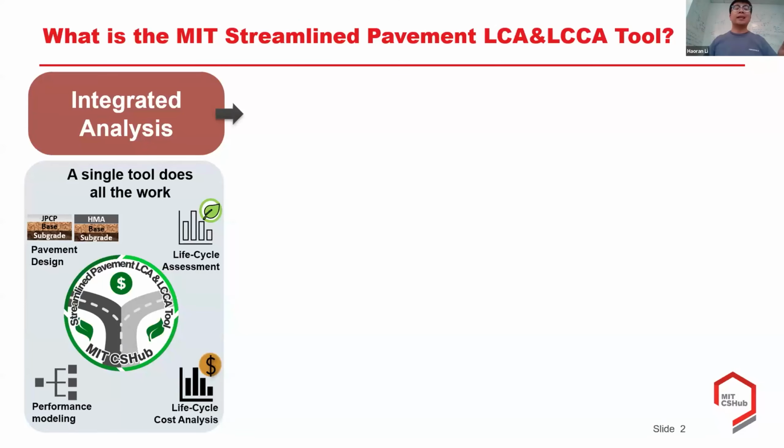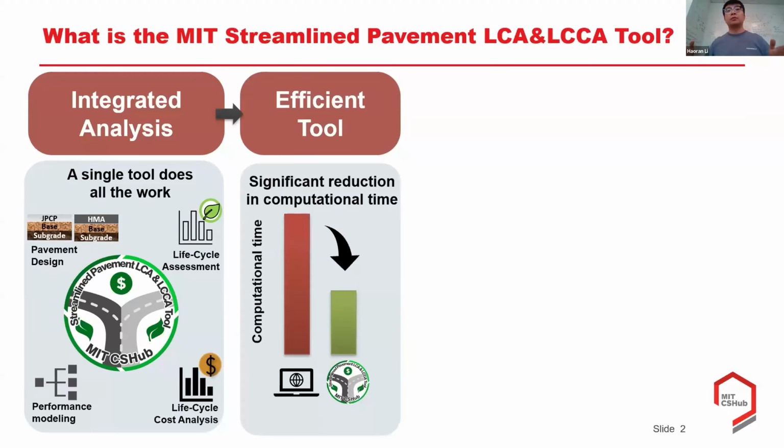From the integrated analysis, we'll progress to the long-term uncertainty analysis, which involves a lot of uncertainty in the long-term performance evaluation and decision making, and needs a much faster tool or computationally effective way for us to implement everything within a given tool.